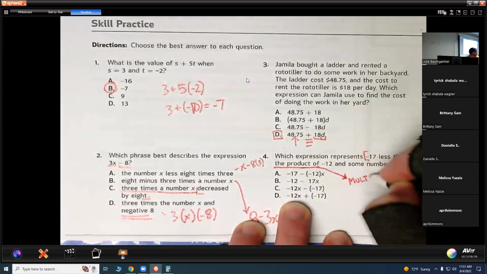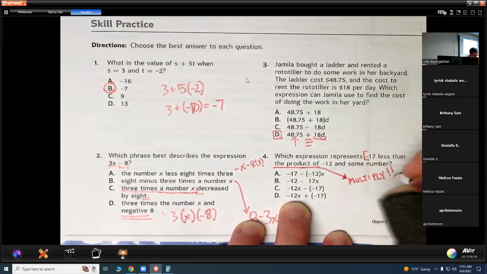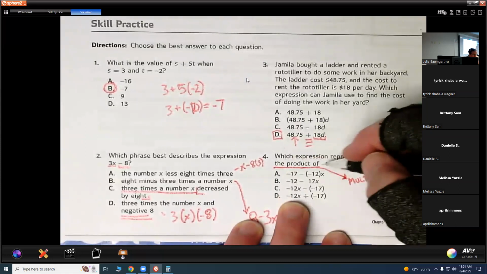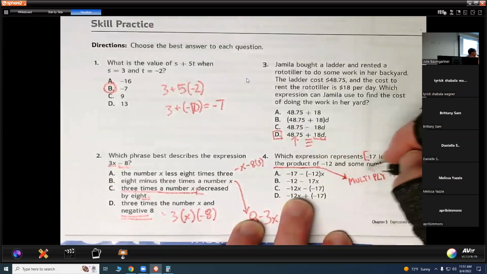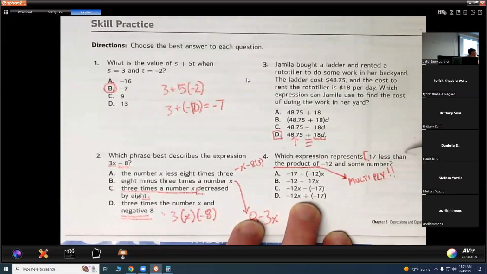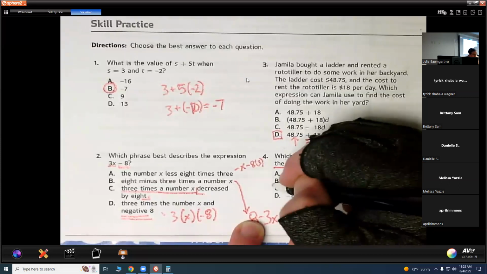That's one of our multiply words. And so it's the product of -12 and some number, and then -17 less than that. So here's our -17 and here's our less than that.